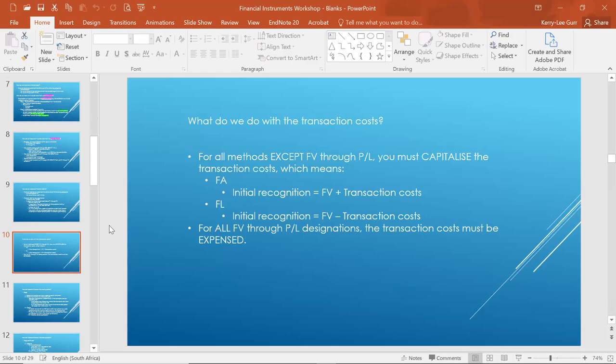What do we do with fair value through profit or loss then if we don't capitalize? Well, fair value through profit or loss, we are going to be expensing those transaction costs.